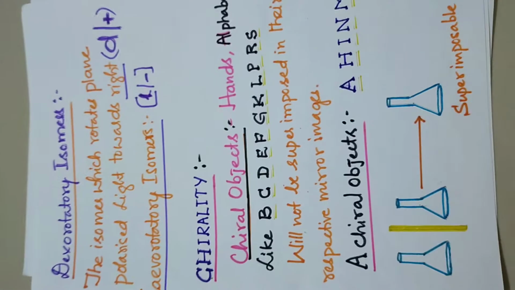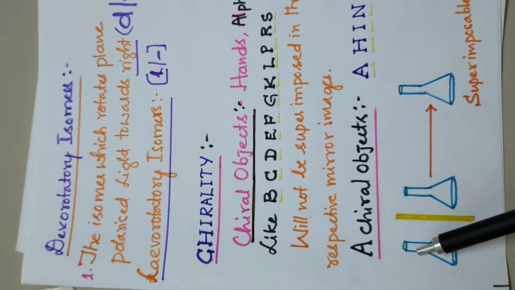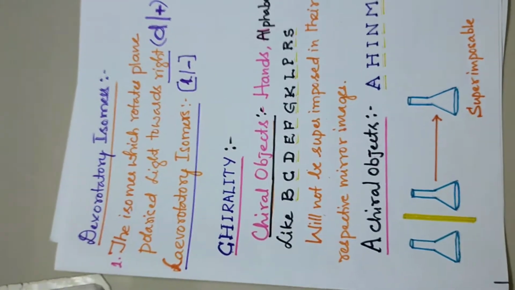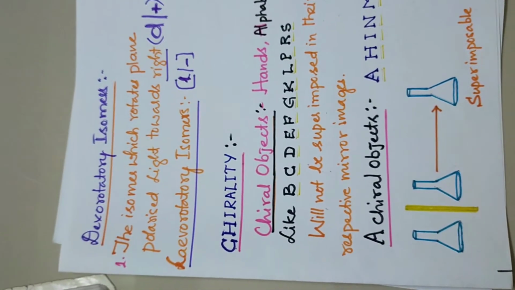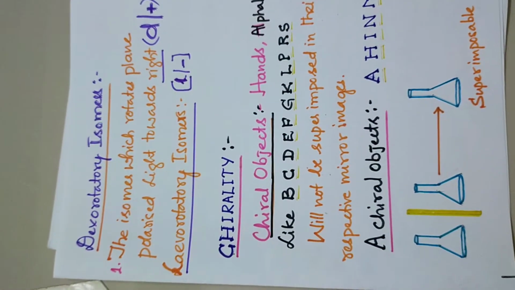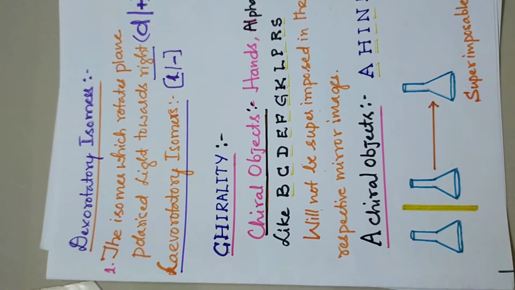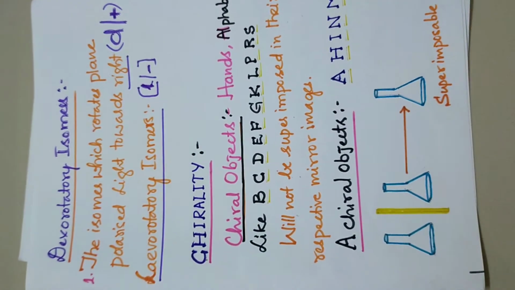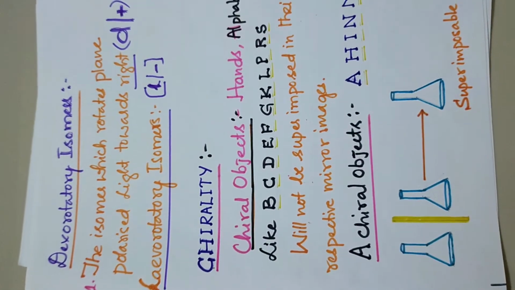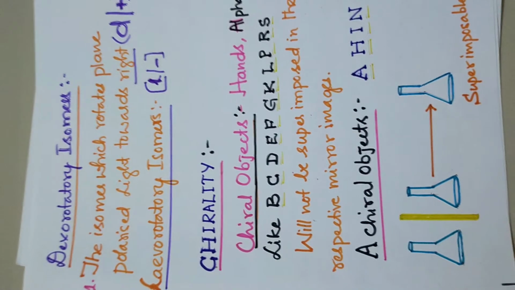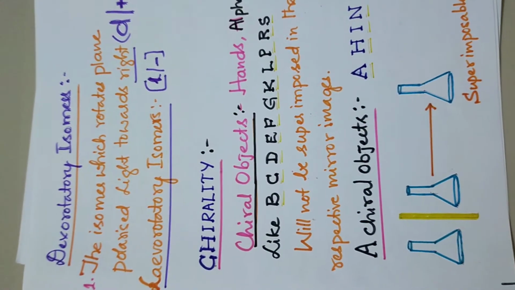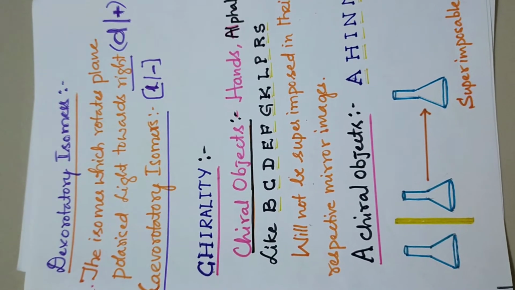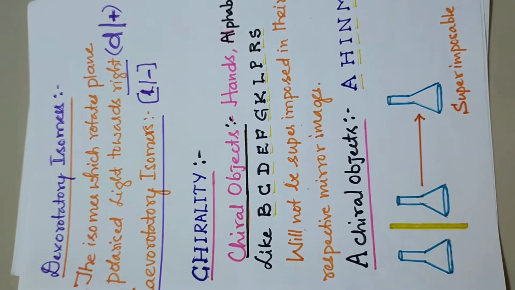Here we come to another one, chirality, or chirality, depending upon the pronunciation. Chirality, chiral compound. Cheir means hand. That property is just shown by the hand. Before that I give one example: stand in front of the mirror, stretch your two hands in the mirror, and bring them close together.